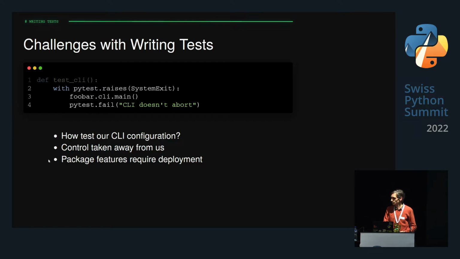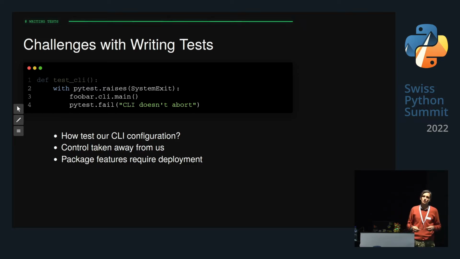You want to test the CLI configuration that you made, whether it's in Click or argparse or in docopt. It is still code. It's not Python code, but for docopt, it's a configuration. We want to test it out, but this control is a bit taken away from us.